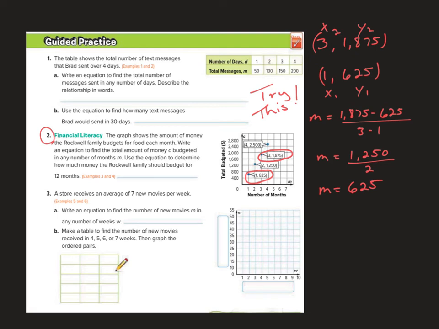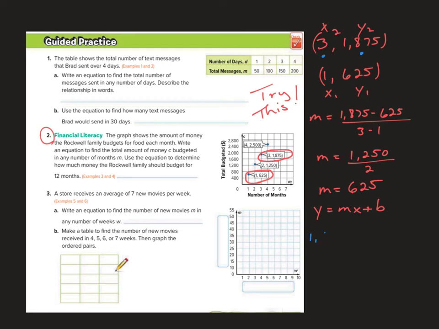Next, I'm going to find my y-intercept by using my slope equation. So I've got y equals mx plus b. And I'm going to use 3 as my x value and 1,875 as my y value. So I'll plug those numbers in.